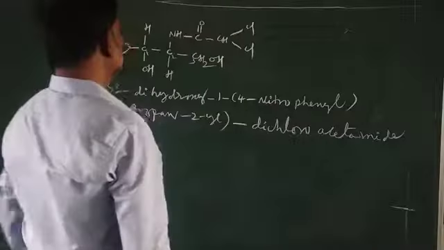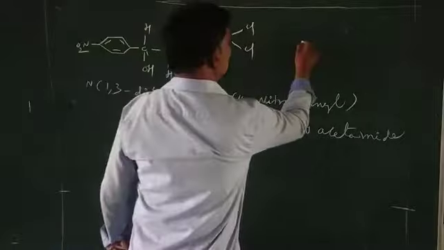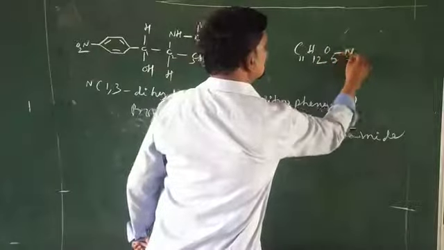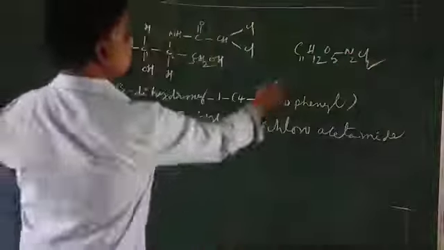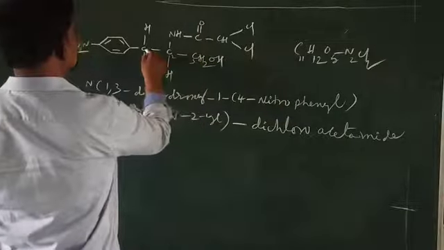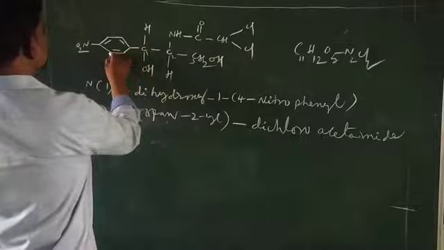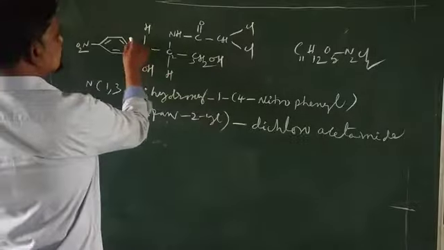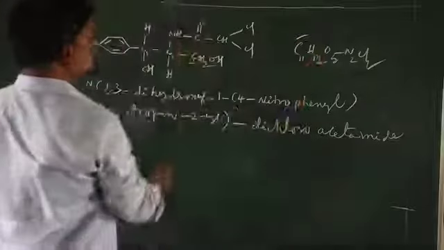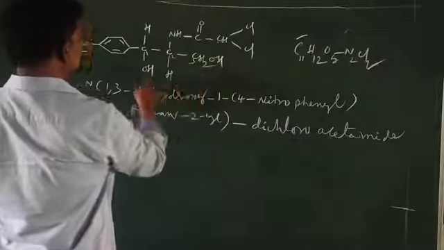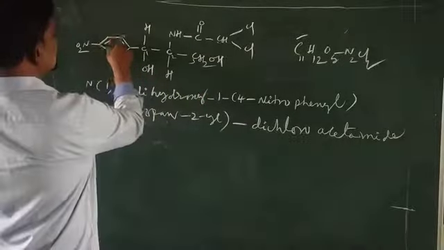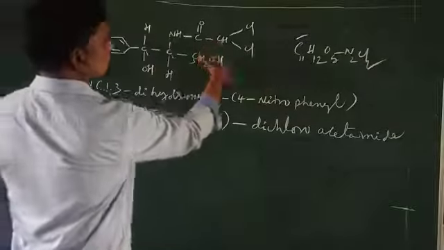Dichloroacetamide. Here already the formula C11H12O5N2Cl2. The number of carbons 11. So count the number of carbon 1, 2, 3, 4, 5, 6, 7, 8, 9, 10, 11. So C11 and H12. Here 3, 4, 5, 6, 7, 8, 9, 10, 11, 12.